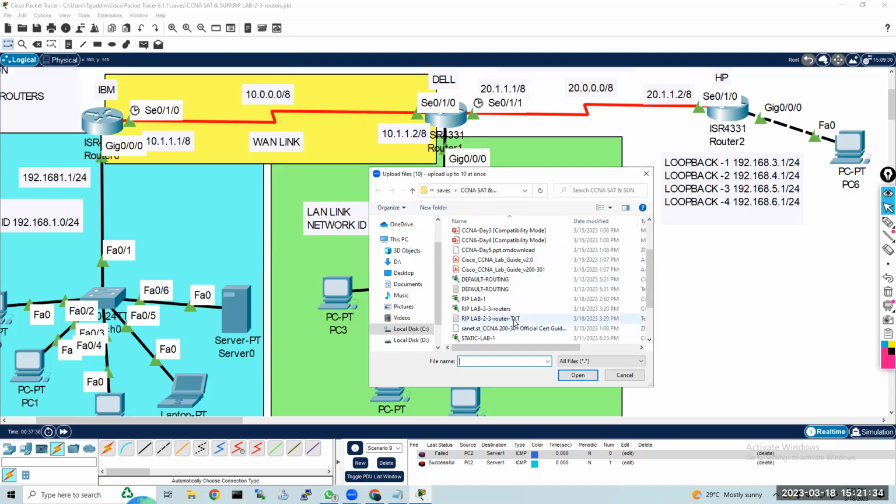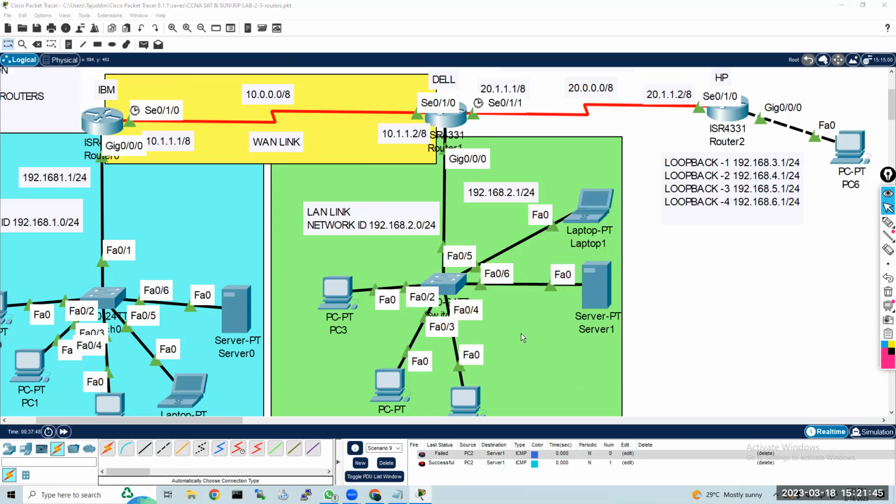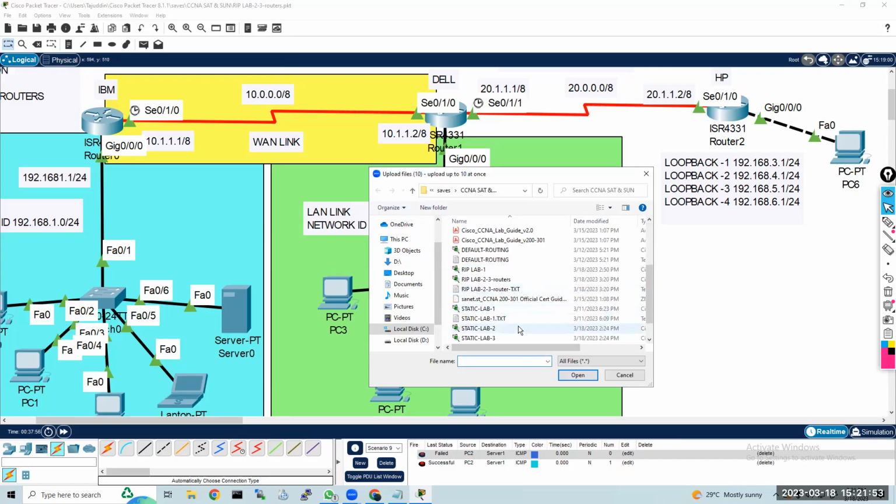Yes, yes. So you want the static routing as well? Sorry, sir, static routing? For the RIP, for today's topic. The lab we did now, you want that one also, right? RIP lab 1.